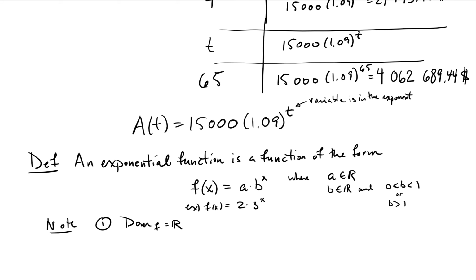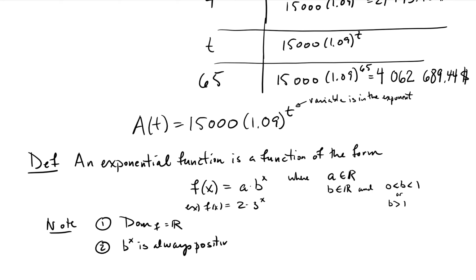Now 3 to the 1/2, that's root of 3. 3 to the -1, that's not a negative number, right? That's 1 over 3. 3 to the -2, that's still not a negative number. So these are all positive, right? So what the range of the function is going to be is going to actually depend on what the sign of a is. So if a is positive, the function will have a range that's all positive numbers, because b to the x will always be positive.